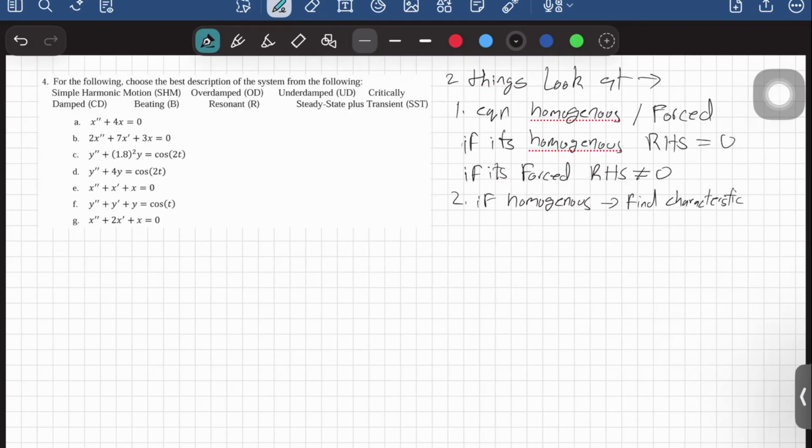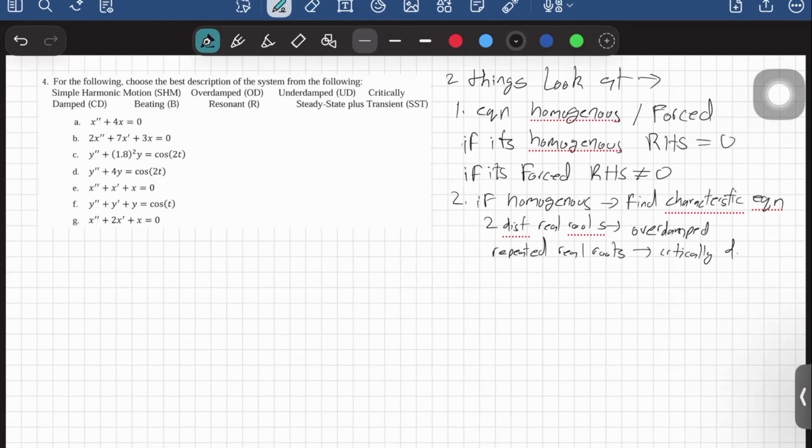In this case, if it has two distinct real roots, that basically means that our system is overdamped. If it has repeated real roots, like (x plus 1) whole bracket squared or something, that means it's critically damped.